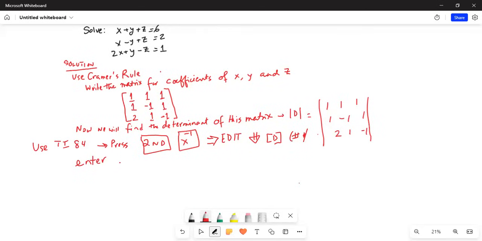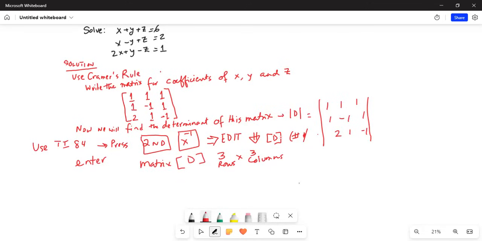You'll get a matrix open up in front of you, written matrix D. We have to make it 3 rows by 3 columns. The first number is rows, and the second number is columns. So type in 3, enter, then 3, enter. In the first row, type 1, 1, and 1.